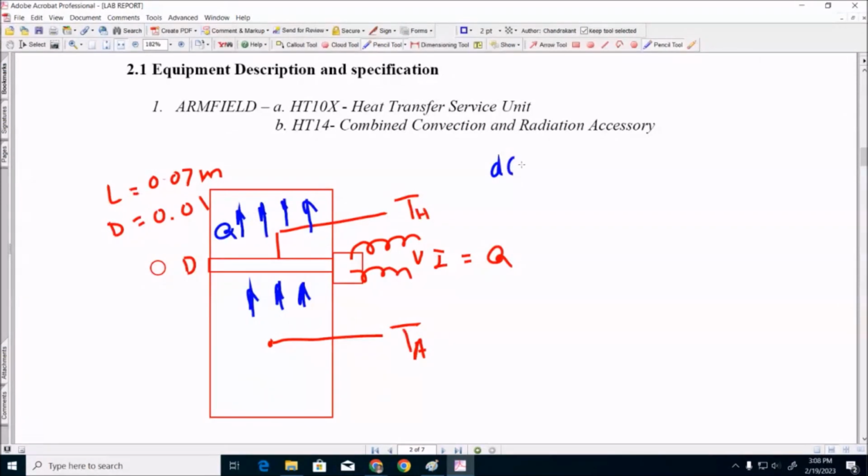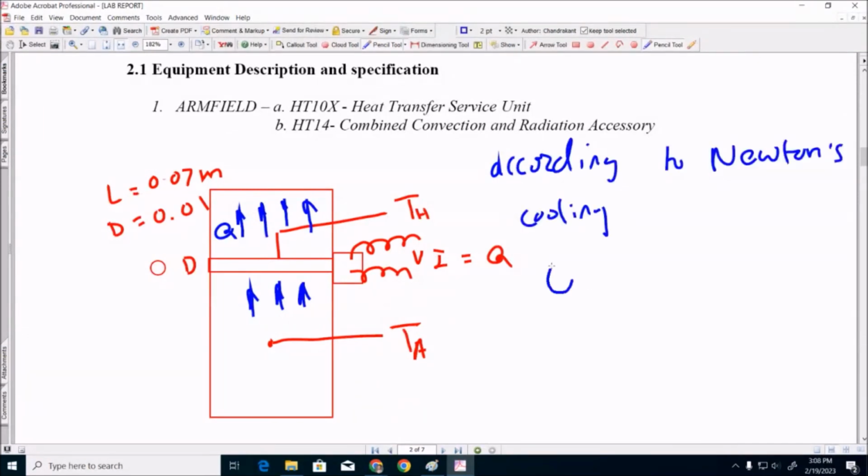According to Newton's law of cooling, the amount of heat flow from a hot surface is proportional to the heat flow area times the temperature difference, Th minus Ta, where Th is the surface temperature and Ta is the atmospheric temperature.